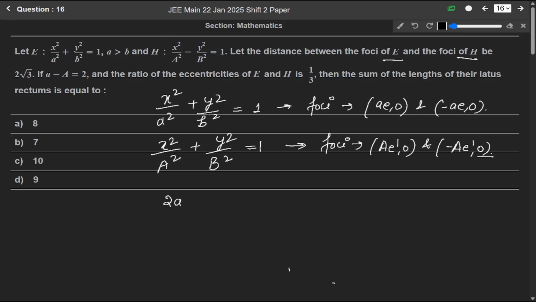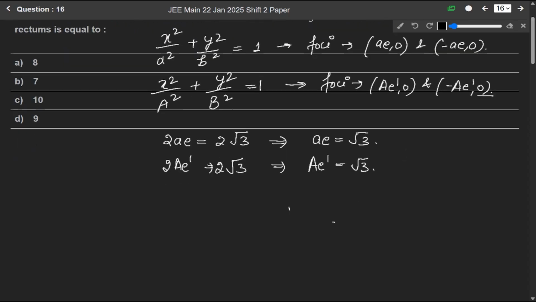Now, it is saying that 2ae is equal to 2 root 3. So it implies that ae equals root 3, and 2AE dash is equal to 2 root 3, which implies that AE dash is equal to root 3. So it means that this ae is equal to AE dash. So it implies that e over E dash will be equal to capital A over small a.